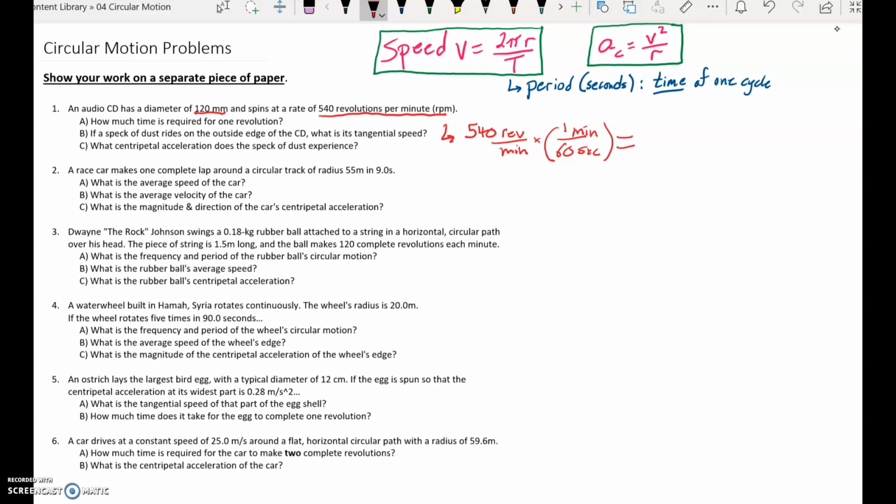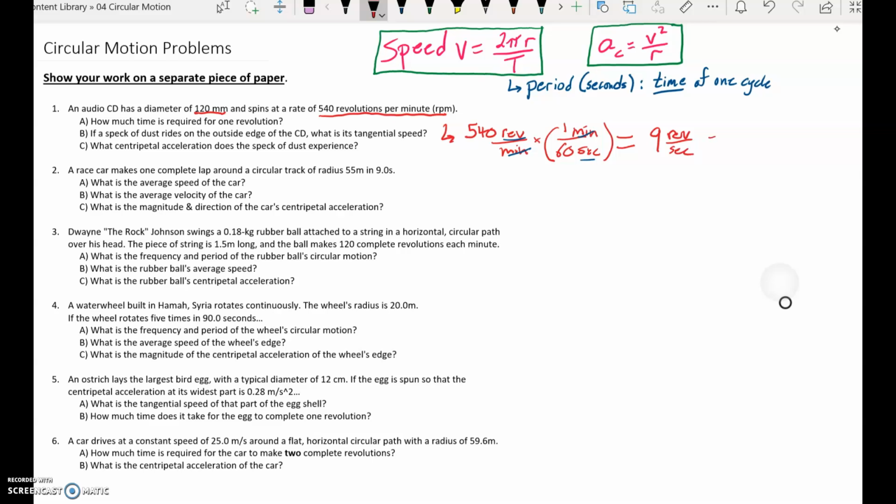So we're going to wind up with then revolutions per second. Dividing 540 by 60 becomes 9. 540 divided by 60 is 9. And our units, minutes cancels, and we wind up with revolutions per second. So 9 revolutions per second, which revolutions doesn't really have a unit.